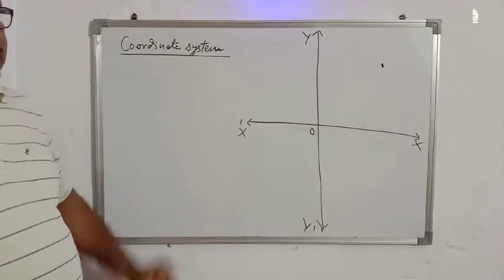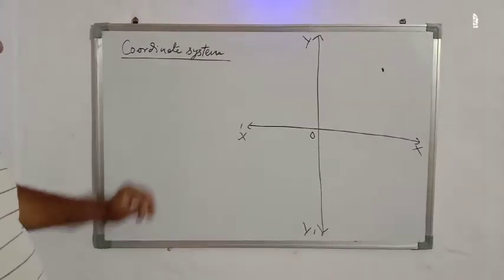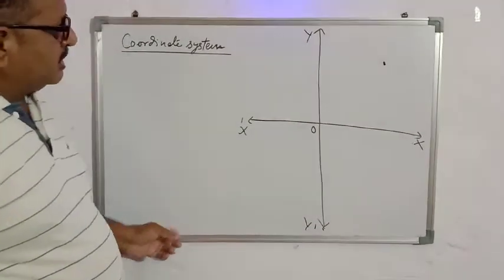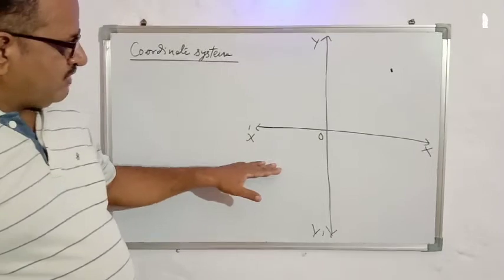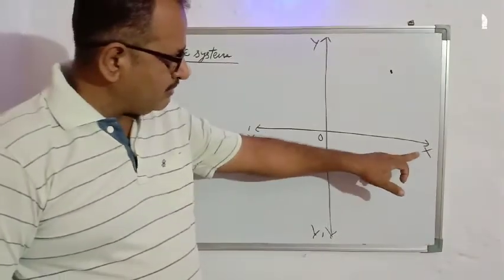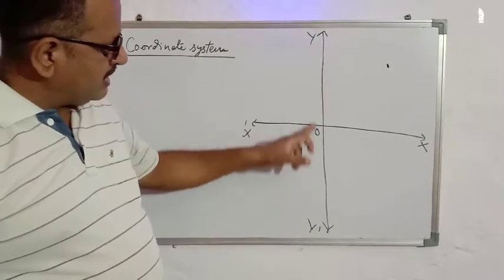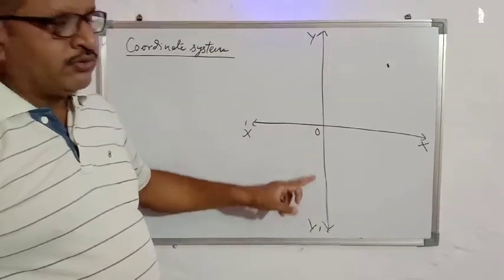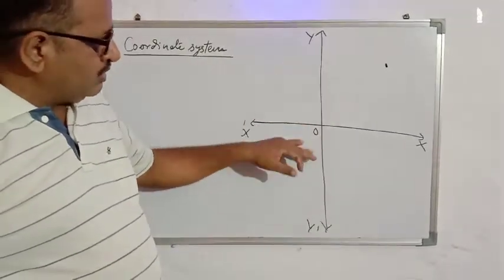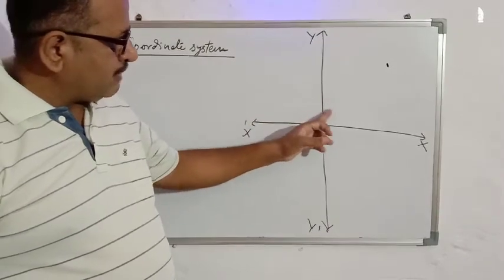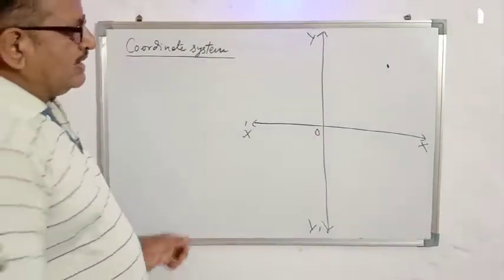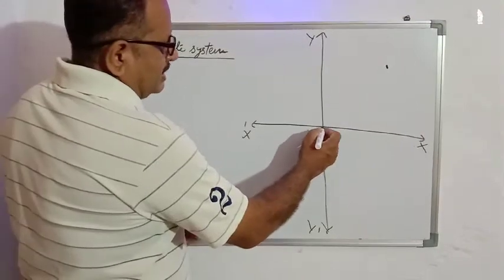To understand the coordinate system, we take two number lines. The first number line is the horizontal number line X'OX. The next number line is the vertical number line Y'OY. We take two number lines such that both are perpendicular to each other and they intersect at 0.